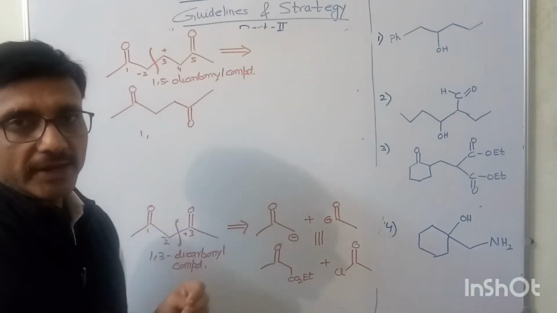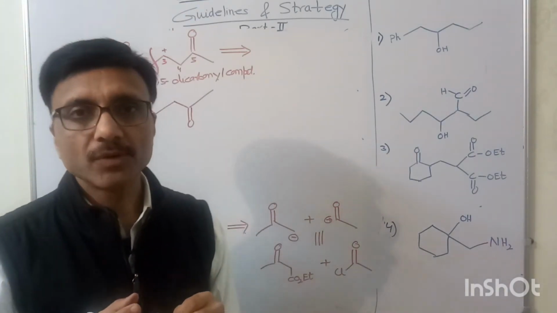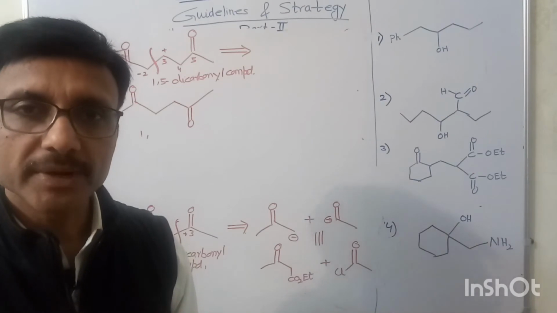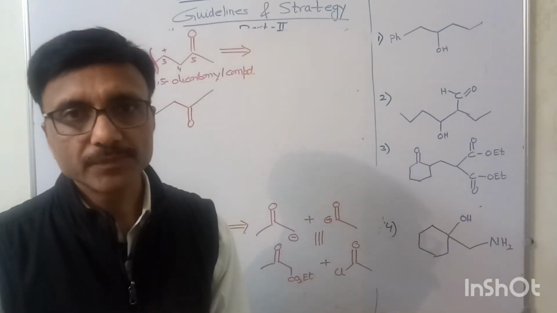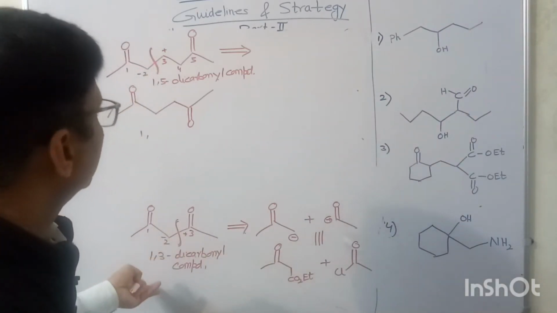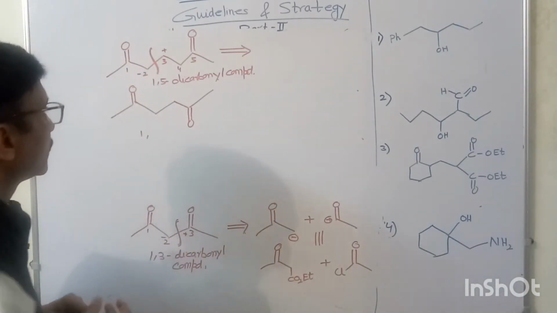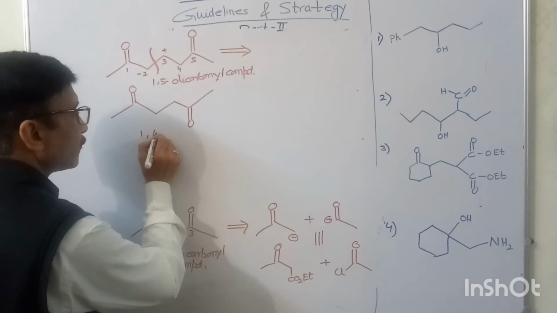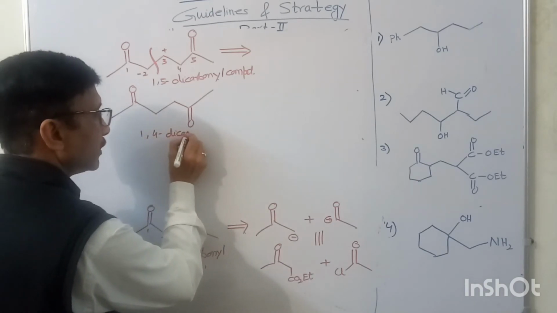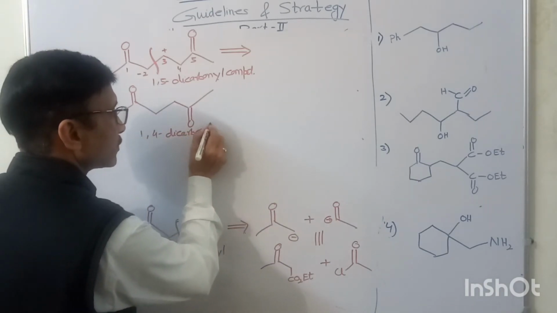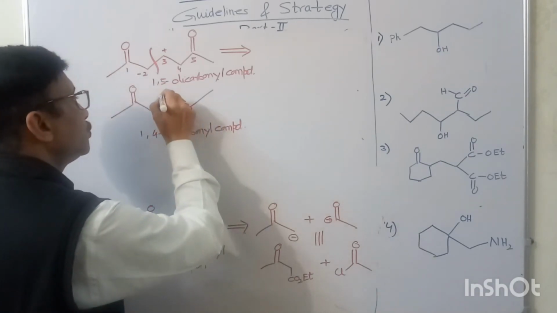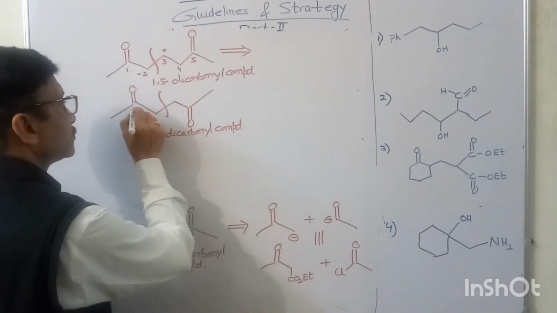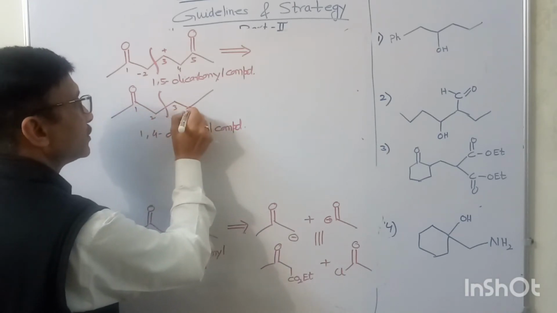So in beta hydroxy carbonyl compounds, alpha beta unsaturated carbonyl compounds, and 1,3 and 1,5 dicarbonyl compounds, you will do the 2,3 disconnection. 1, 2, 3, this is 4.